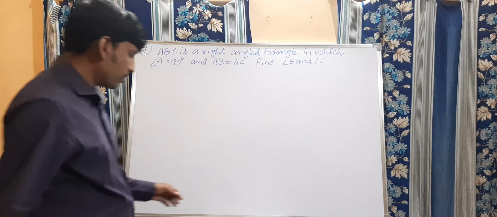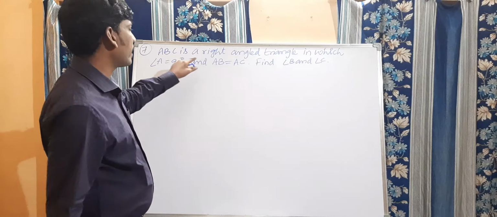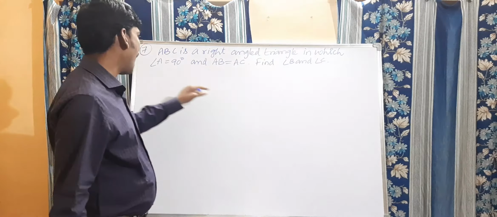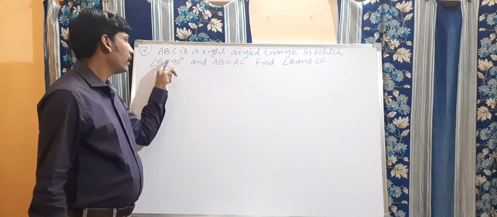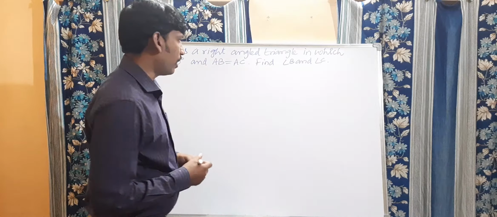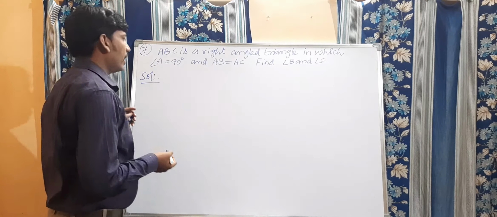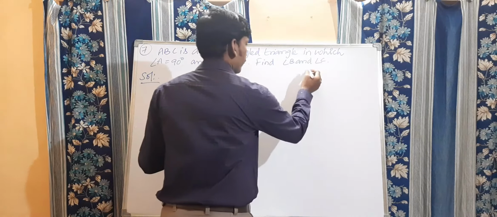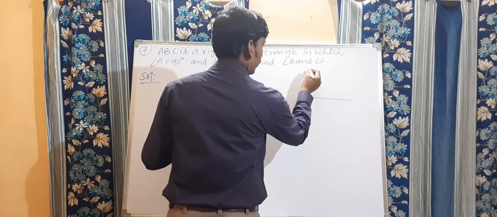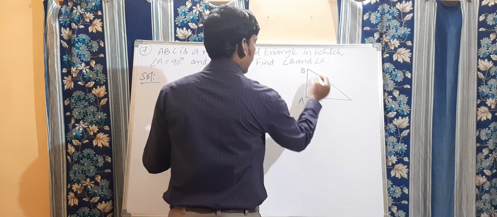Right children. So now come to question number 7. ABC is a right angle triangle in which angle A is equal to 90 degrees and AB equal to AC. Find angle B and angle C. Now look at here. The given is a right angle triangle, angle A is 90 degrees. Triangle ABC is a right angle triangle.